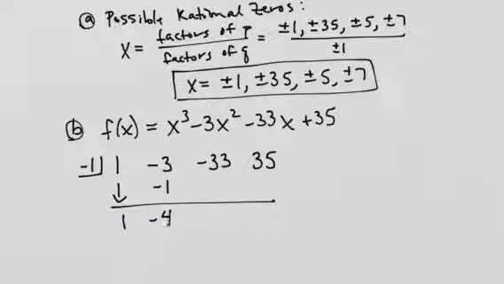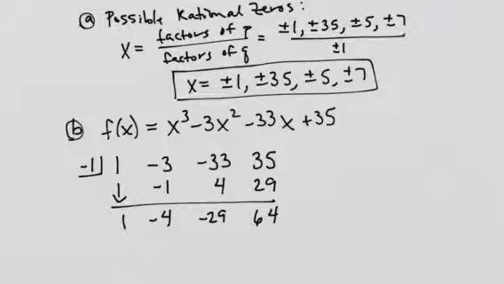We get negative 4, positive 4, negative 29, multiply to get 29, and we end up with 64. So our remainder in this case is 64. So that tells us that we do not have a factor. Using the number negative 1 is not a 0, x plus 1 is not a factor. So what we'll want to look at now is to choose another number from the list.